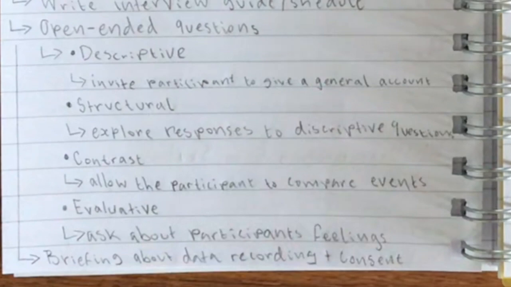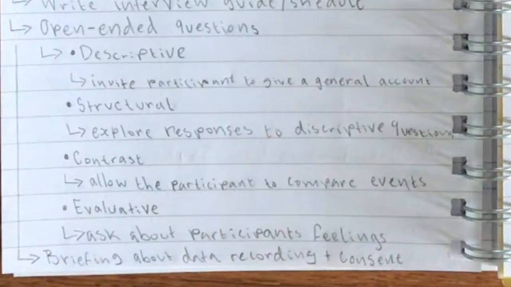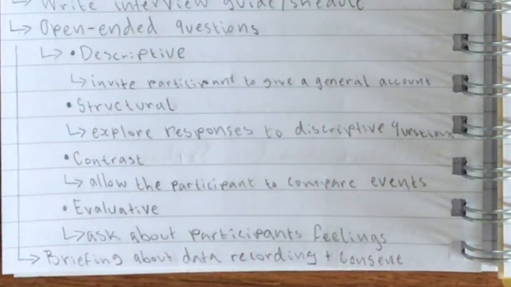The next type of question is a structural question. This means to explore the response to a descriptive question. So for instance, if I asked, how did you feel when your parents got divorced, and the participant described it as complicated, I can then ask a follow-up question, a structural question, where I ask them, can you explain what you meant by complicated? Like, essentially to elaborate on what the participant has already said.